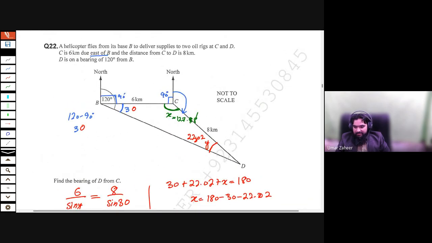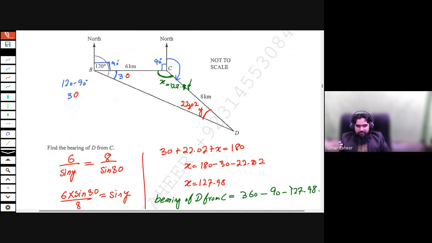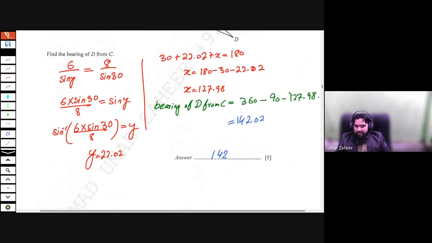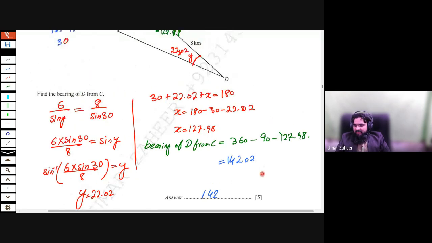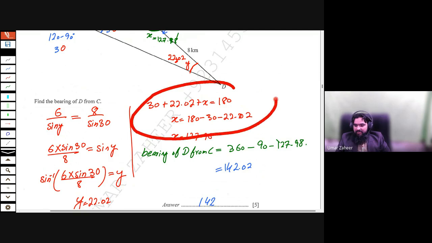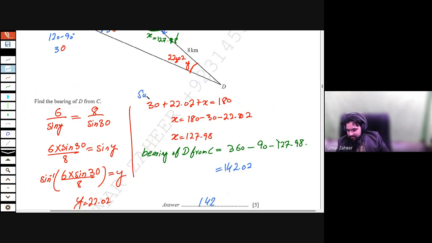So obviously you can do this one when you have a strong grip on the basic concepts. What are the concepts that I have to use here? Just the basic sine rule. The second thing, the sum of all interior angles of a triangle is equal to 180 degrees.